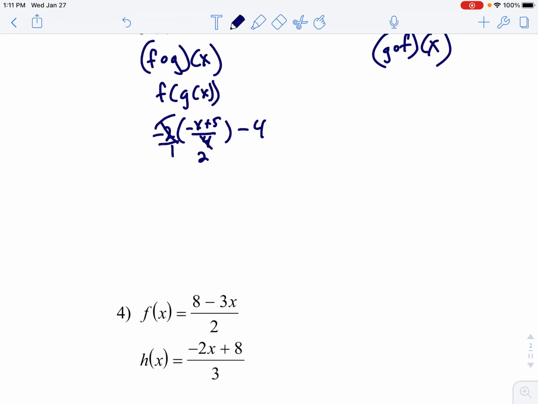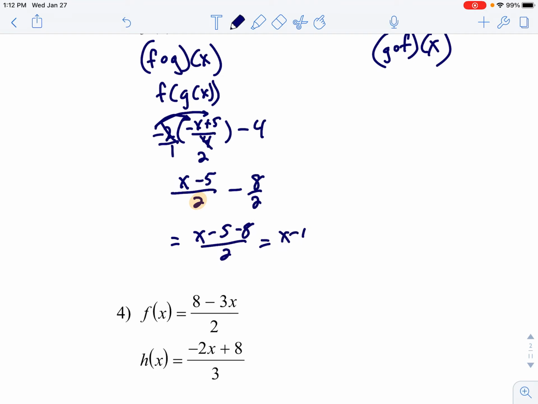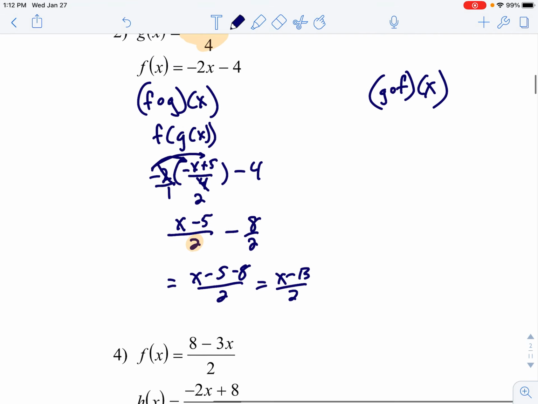And then all we have to do is distribute the negative sign in here. We get +x minus 5 on top, 2 on bottom, minus 4. And then to combine fractions, we need a common denominator, so that 4 we can change into 8 over 2. And that gives us x minus 5 minus 8 over 2, which is x minus 13 over 2. What the heck?